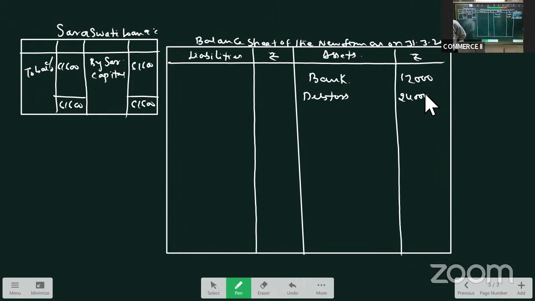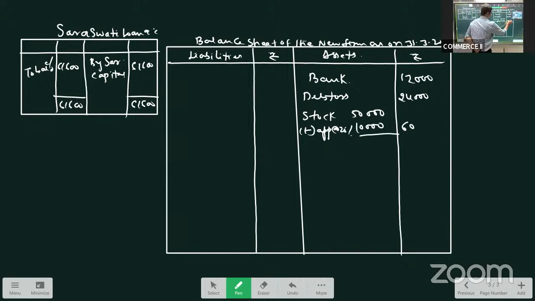Then we have stock. Stock is given as 50,000, but stock was appreciated by 20%. So I'll take stock as 50,000, but as it is appreciated by 20%, the 10,000 I will add, and I'll take 60,000 as the value of stock now. Then we have furniture, 16,000, depreciated by 15%.